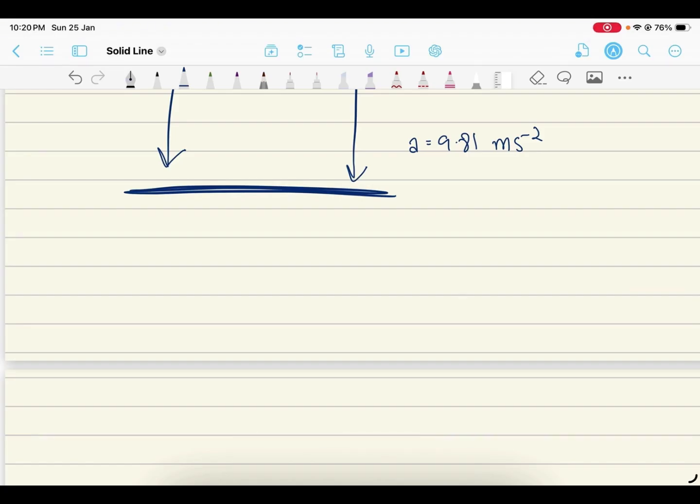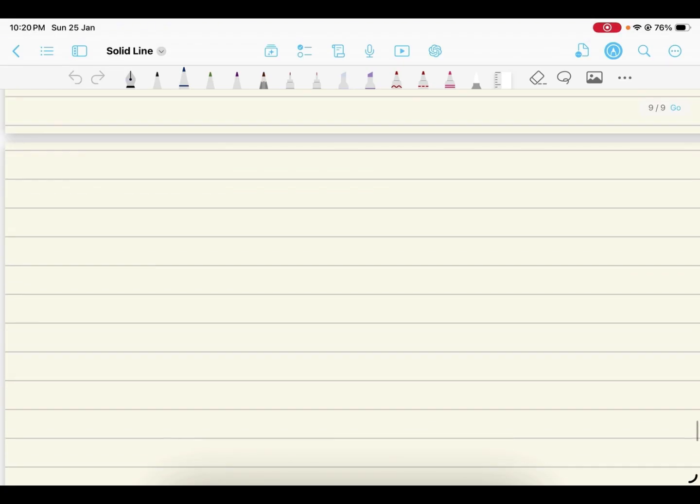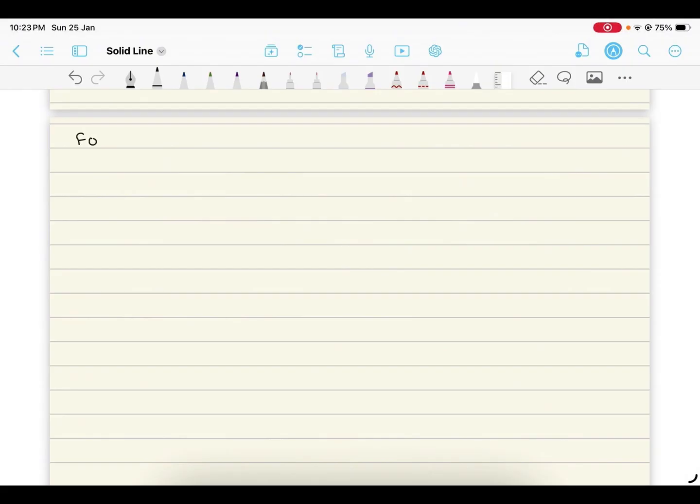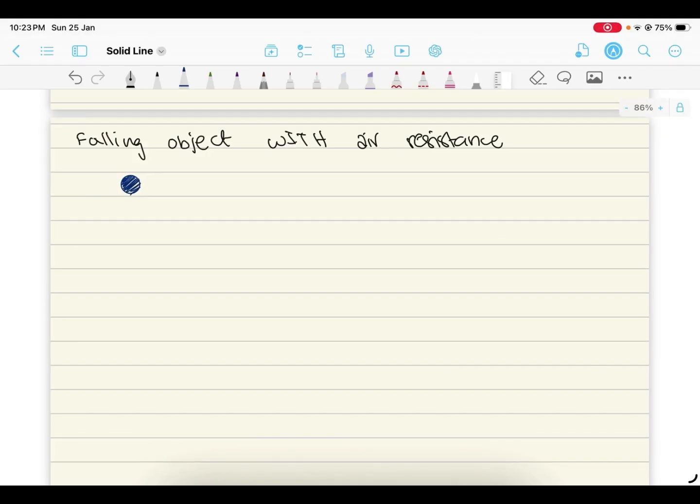Now we'll be talking about falling objects with air resistance. Let's say our falling object is a ball. At first the object will start to fall, air resistance will be 0, and acceleration will be maximum.